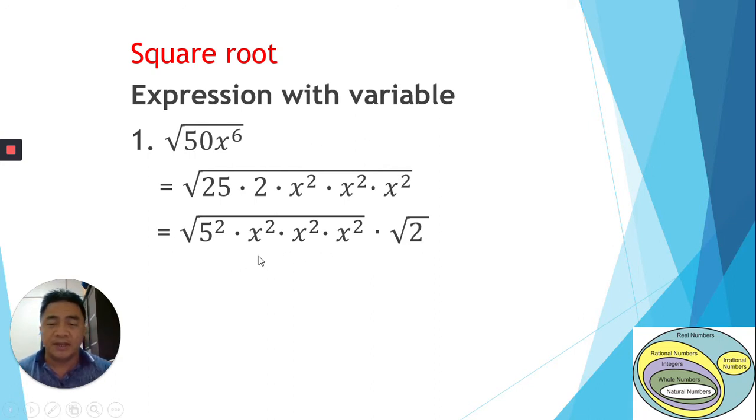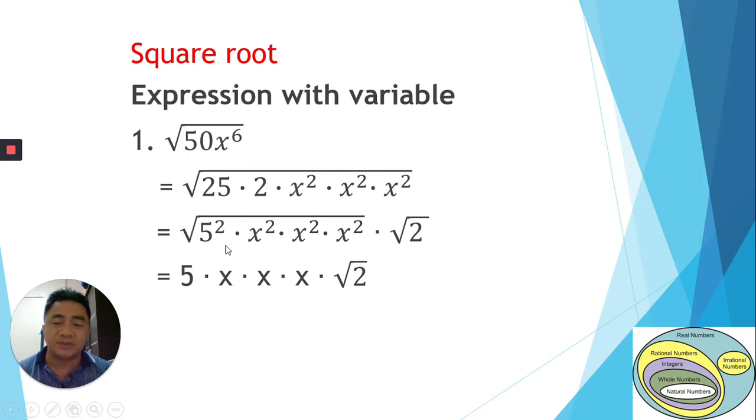So for this one, we can extract the numbers and the variables since all of them are with power 2. So we can have 5 out with this one, x out with this one, x again out here, and x out with this one.